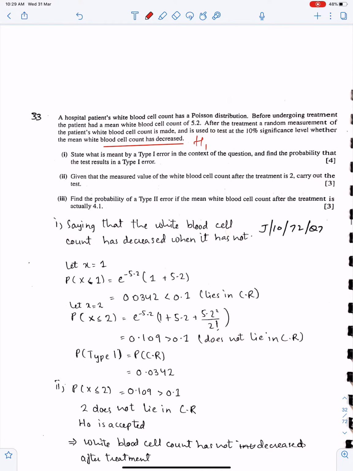Let me write H naught here: lambda is the same, or lambda has not decreased. H1: lambda has decreased.